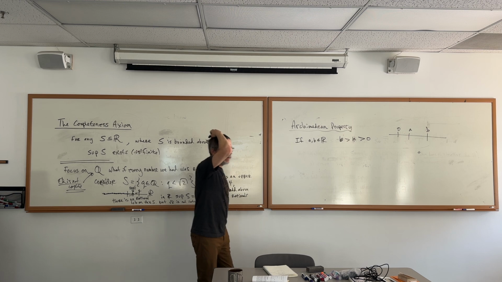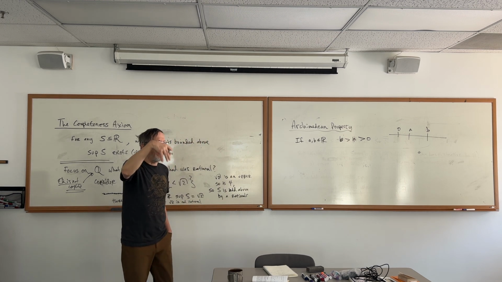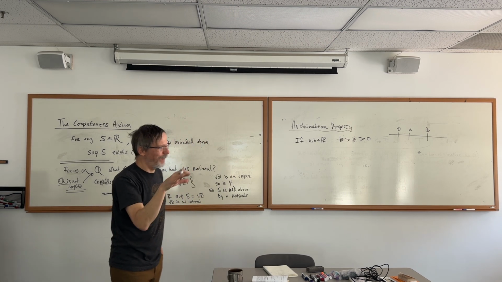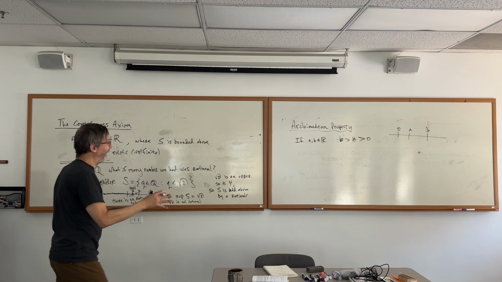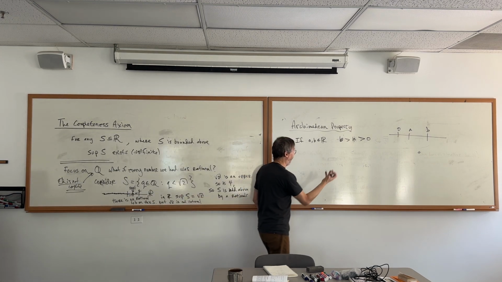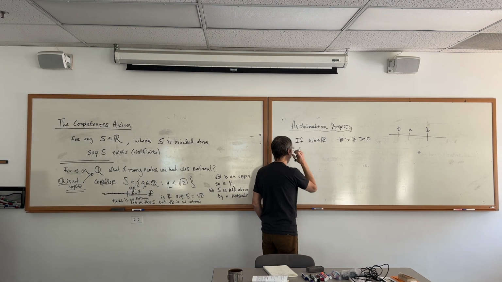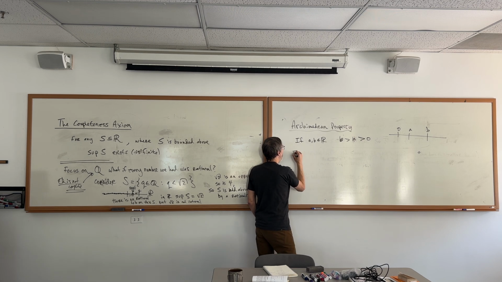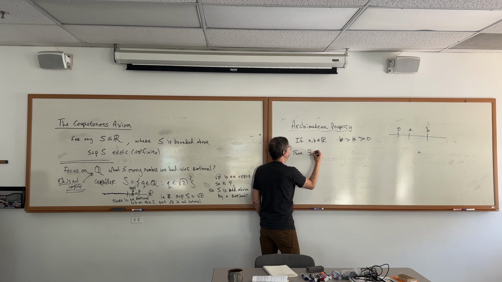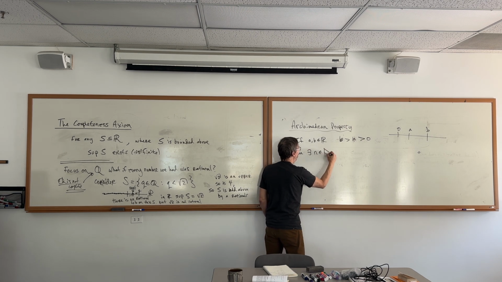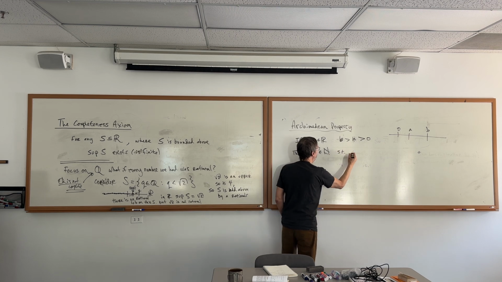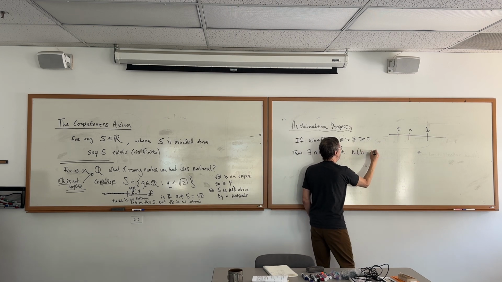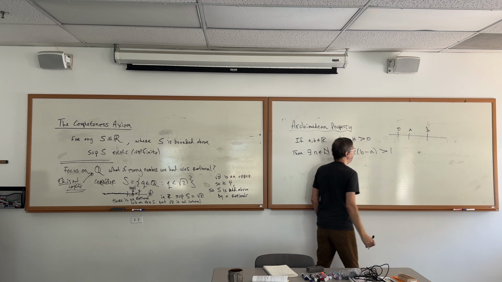Draw pictures. Pictures can really screw you up, but they can also give you something to hold on to in the weirdness of all of this. Then there exists a natural number n such that n times (b minus a) is bigger than 1.